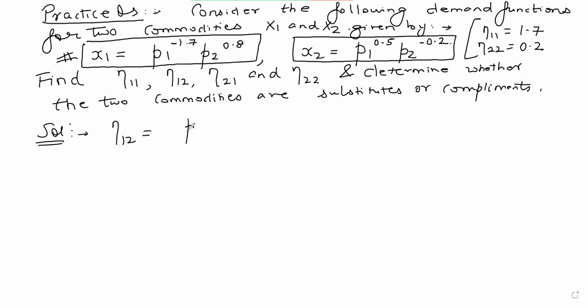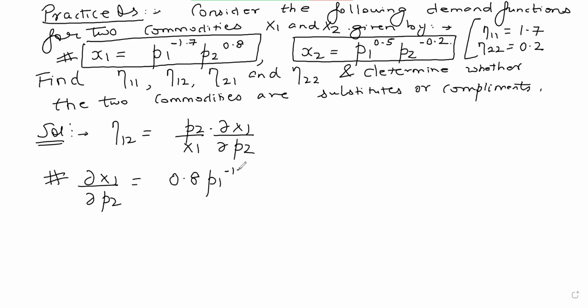This is P2 by x1 times del x1 by del P2. Let's calculate del x1 by del P2 first. It's the partial derivative of x1 with respect to P2. So it's 0.8, P1 to the power negative 1.7, P2 to the power 0.8 minus 1, which is 0.8, P1 to the power negative 1.7, P2 to the power negative 0.2.